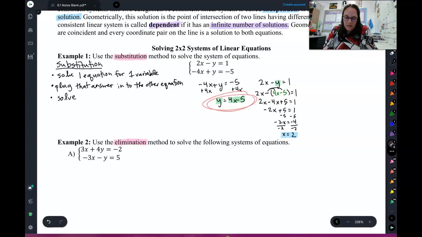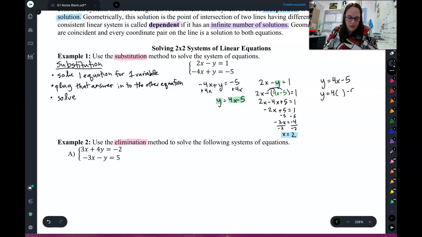I notice if I pick this equation here, it's going to be really easy to plug in x and get a solution for y. So that's the one I'm going to pick. I'm going to plug in the answer I got for x. y equals 8 minus 5, which gives me y equals 3. So those are my answers. I got x equals 2 and y equals 3.